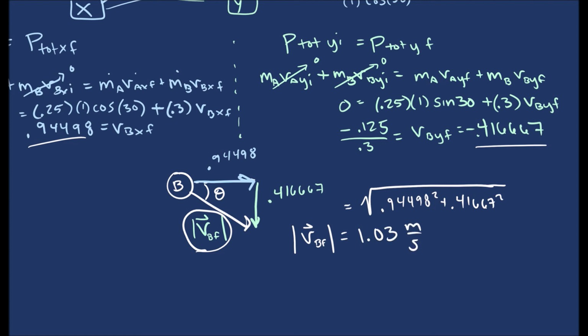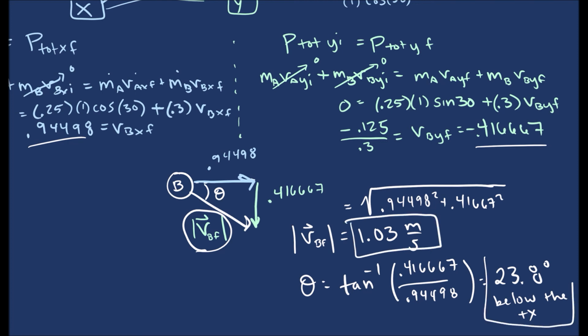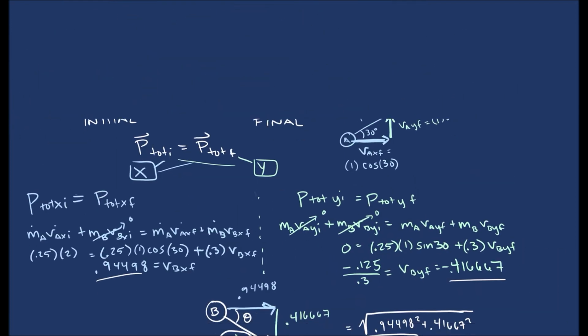Then we can solve for our angle theta by taking the inverse tangent of 0.416667 over 0.94498, opposite over adjacent, and we get an angle of 23.8 degrees below the positive x direction that we established. So that is our answer for the magnitude and direction of billiard ball B after they collide.